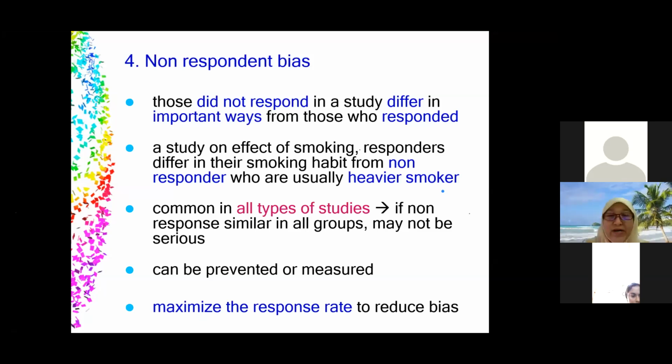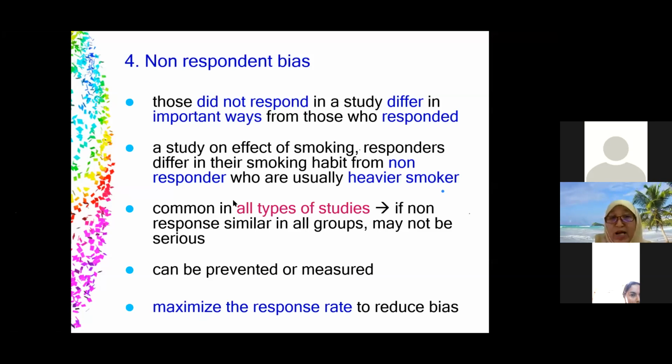So people practice SOP, people tak practice SOP, how many will get COVID-19? But there are quite many yang did not respond to the study. So people not practicing SOP, 20%. People practicing SOP, also 30% not responding. You have to see whether the characteristics, the study must tell us, okay, how many the response rate, whether the non-responders in the control group and the group practicing SOP tadi ada beza tak in the characteristics, because that will actually influence the result.